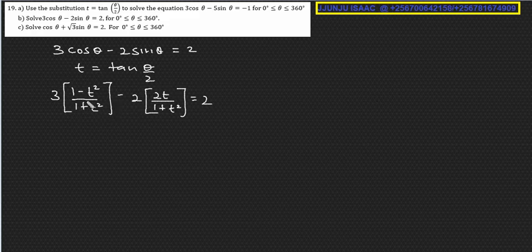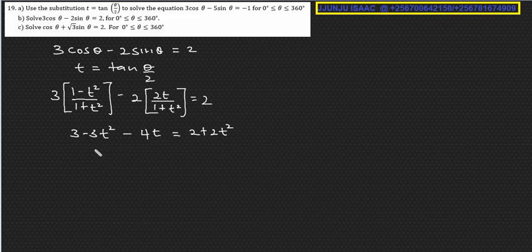So to get rid of this denominator, let us now multiply with 1 plus t squared. The 3 will be multiplied inside the bracket. So this will be 3 minus 3t squared, then minus 4t, equal to 2 plus 2t squared. So next is to form a quadratic equation in t.